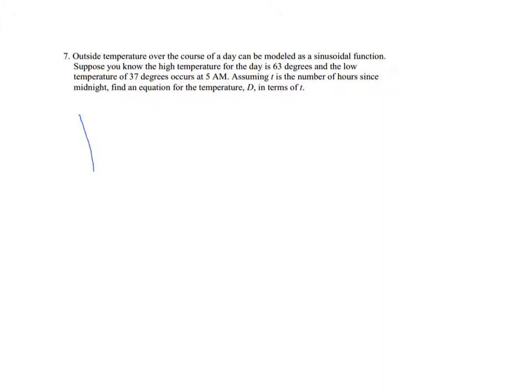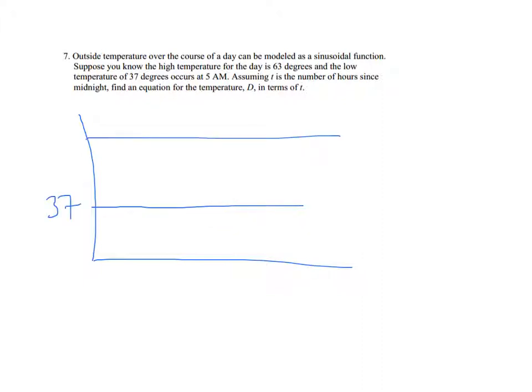So I've got another temperature problem. I see the low temperature of 37 degrees and a high temperature of 63 degrees. They aren't telling me the average temperature, so I'll have to figure that out. One way is to see that it has to increase 26 degrees to reach the highs.